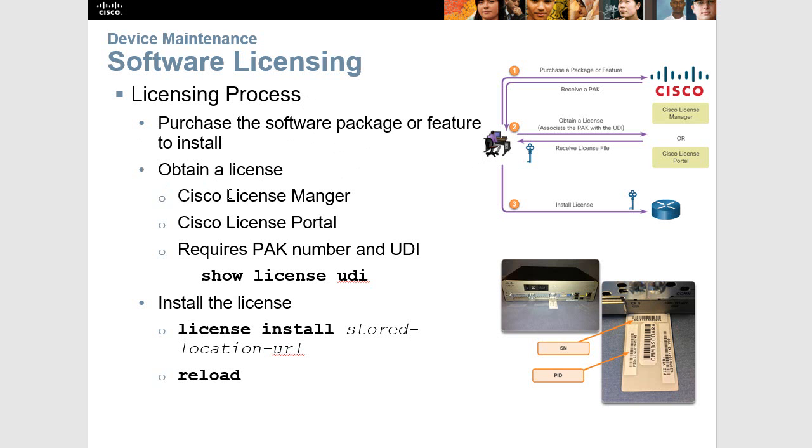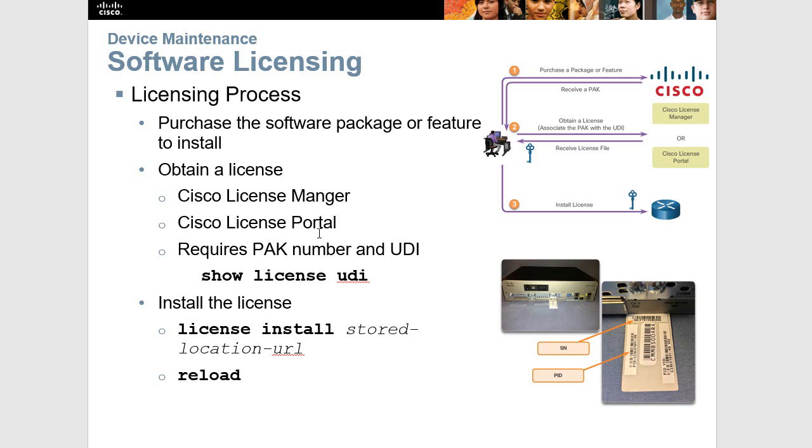You've got to use your Cisco License Manager, or the Cisco License Portal. Cisco License Manager is a program that you can use, a graphical user interface. Cisco License Portal is a web-based interface, also graphical, that you can use to obtain a license.